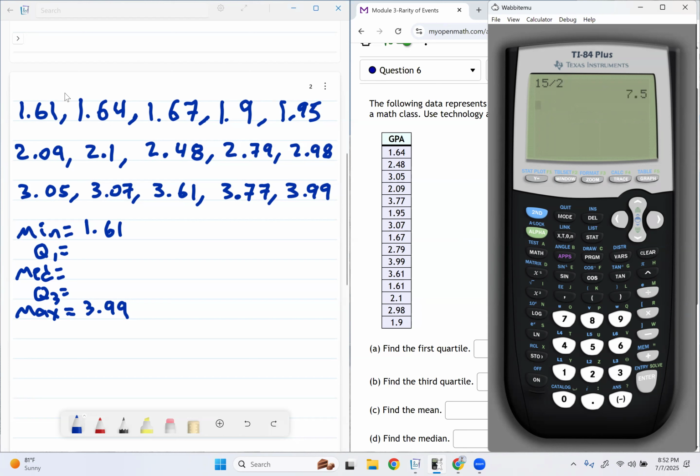What that means is if I'm looking at my list and I count 1, 2, 3, 4, 5, 6, 7, so that's 7 values here and down. That's my lower half.